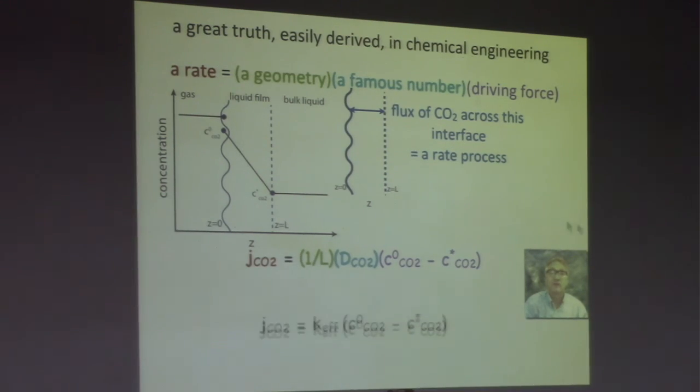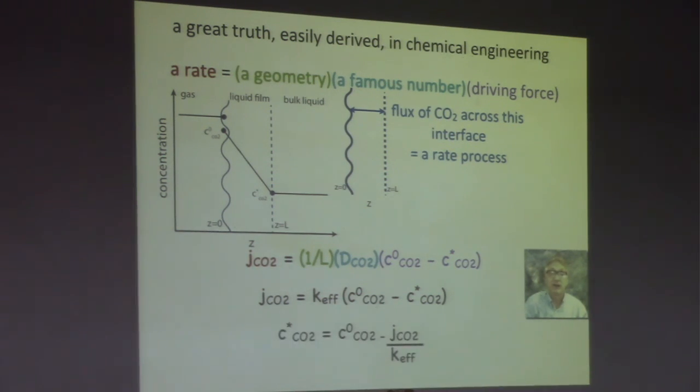I can rewrite that expression as the flux of CO2 across the film being given by a mass transfer coefficient times a concentration difference, as shown here. That can be rearranged easily to show that the concentration of CO2 at the film-liquid interface is in fact the gas phase value minus a flux divided by a mass transfer coefficient.